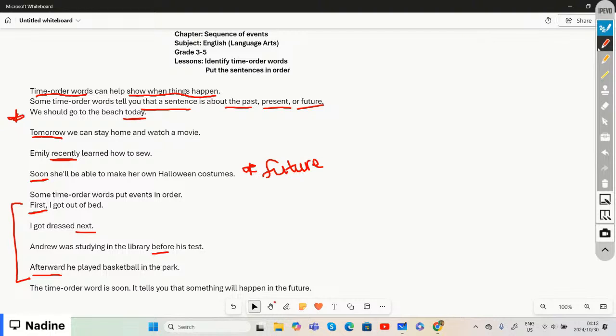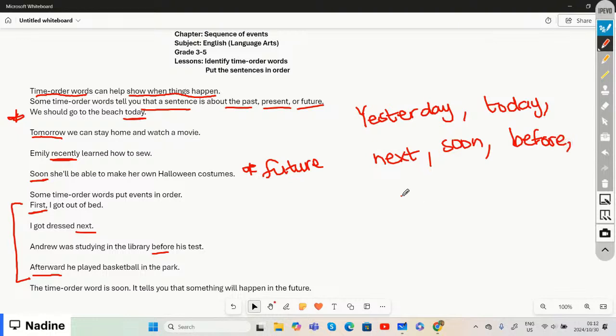Remember, we're not going to use the words in the past. You need to use words like yesterday, today, next, soon, before, after, first, second, lastly, or last, recently.